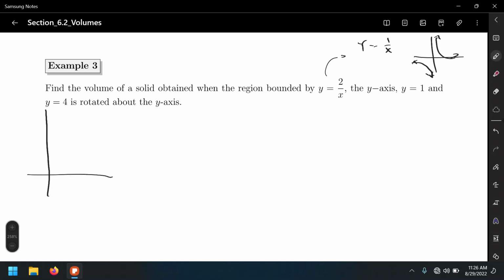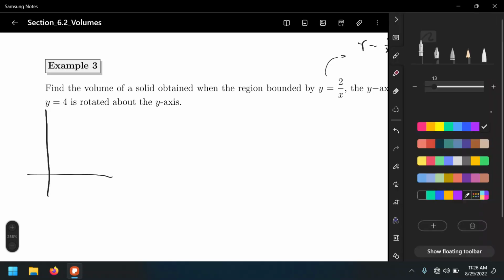And well, in this case, the graph of y equals 2 over x is not going to be that different from 1 over x, just slightly smashed towards the origin. And even if it looks the same, it doesn't matter, it's fine.